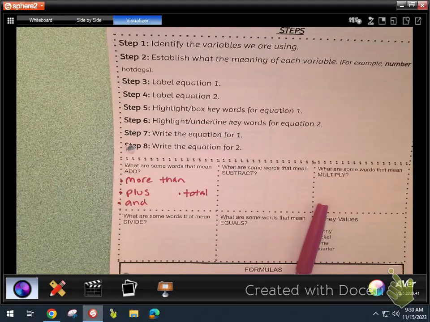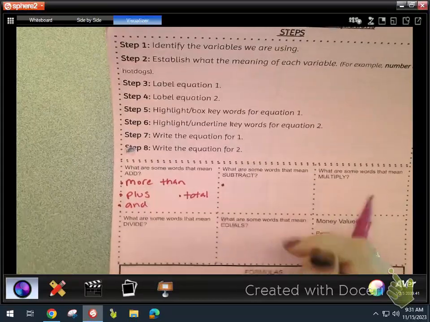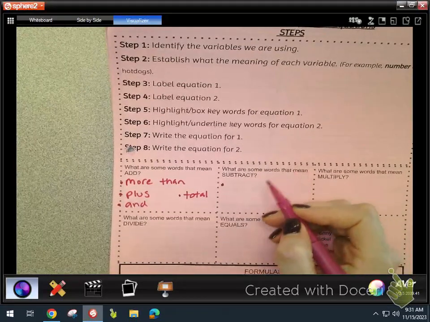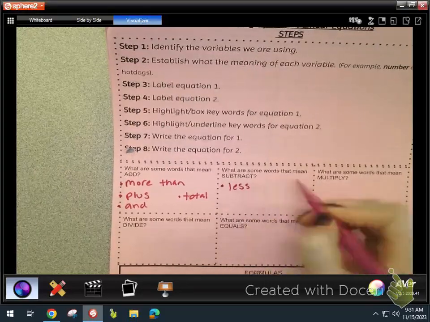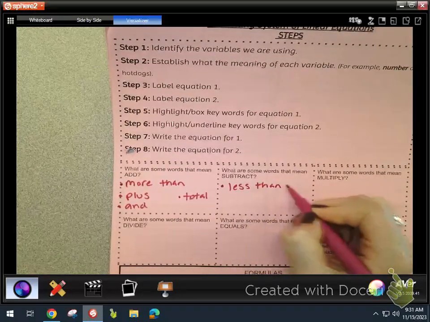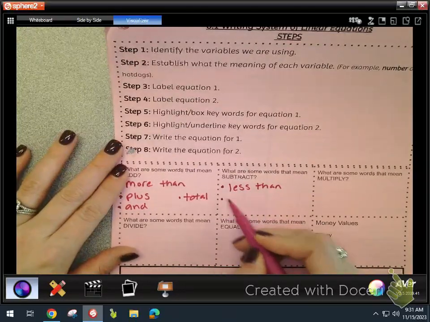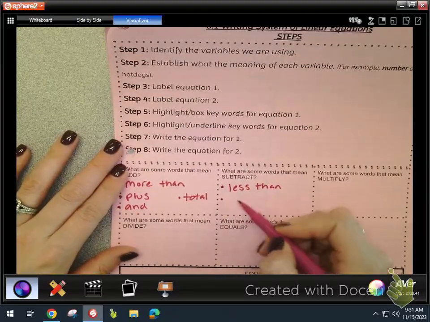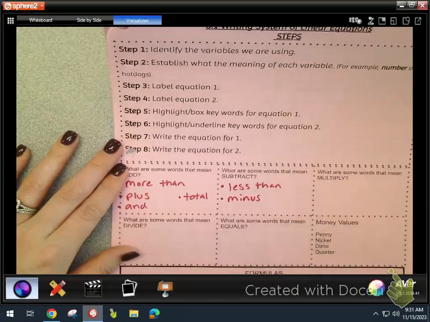Okay? We also have operations that could be subtraction. All right? So some of those words would be, well, if more than means that we're going to be adding, what do you think we would use here? Less than means we could be subtracting. Plus means adding. What means subtracting? Minus means you're going to use subtraction.